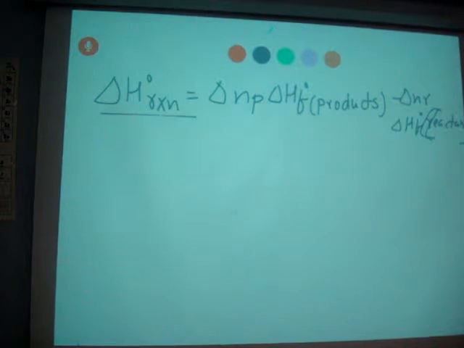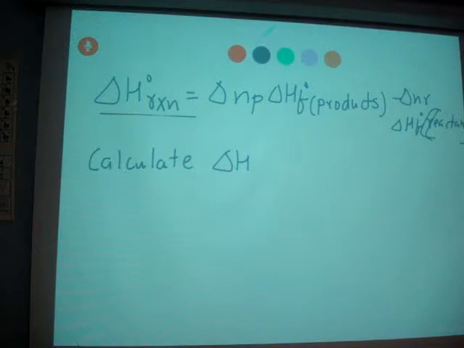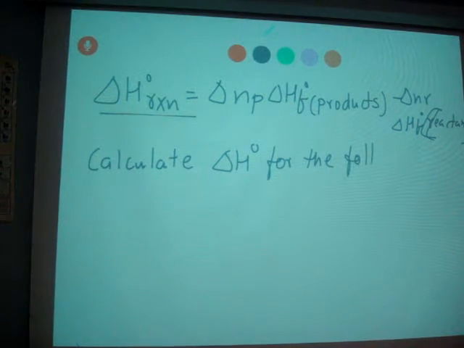Now let's work on one of the problems. Let's say we need to calculate delta H0 for the following reaction.